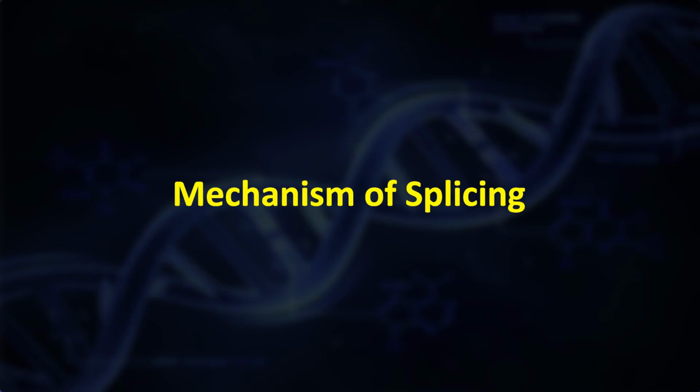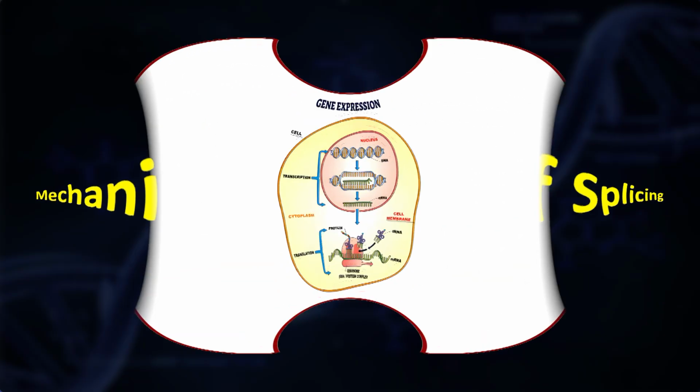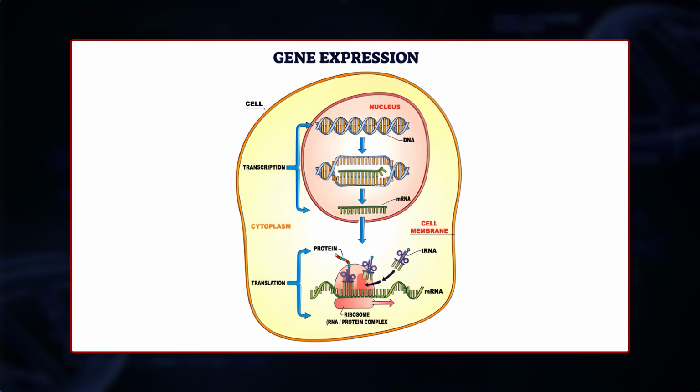Dear students, let's now discuss the mechanism of splicing in detail. Splicing of introns is carried out in the nucleus with the help of a precise and complex arrangement of protein and ribonucleic substances. With the assistance of splicing, mature mRNAs are exported to the cytoplasm.